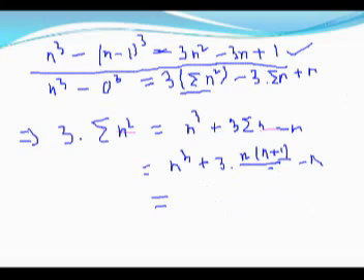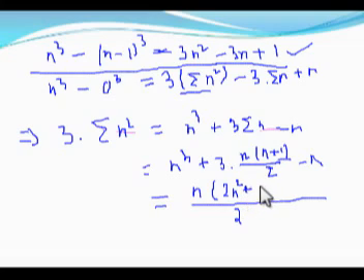If we take n common and add, we will get 2n square plus 3n plus 3 and here minus 2.